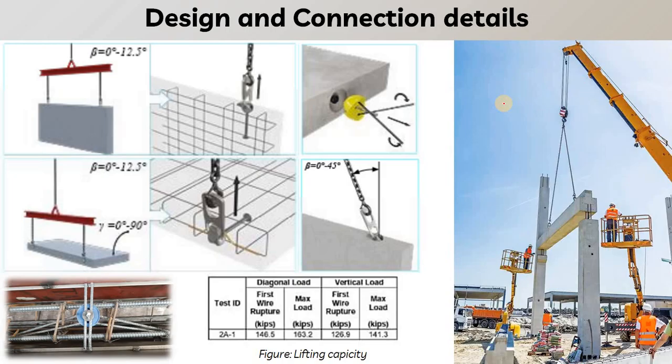So now let us see how the lifting anchors are fixed in position before concreting. So here you can see these are the lifting anchors that are placed in position. So how is it fixed? Here you can see this is the anchor that is connected with the reinforcement cage, and this is the clutch that is used to lift this particular kind of fixing connection.